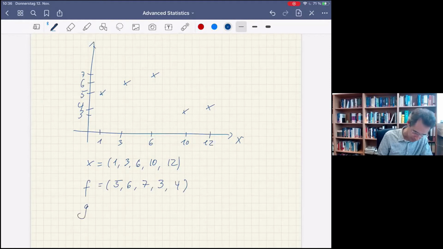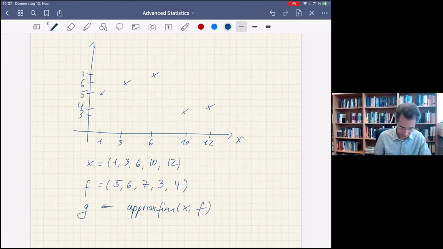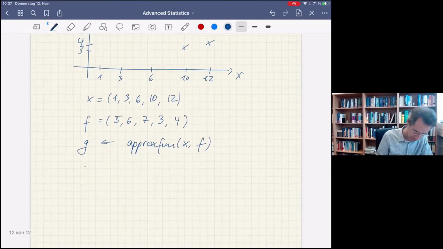And then you could say, well, my function g is approx fun of x and f. And then g is actually a function object in R. So in that case, you could say, what is g of 7? And you would get some number. You could also say, what is g at the points 1, 2, 3?